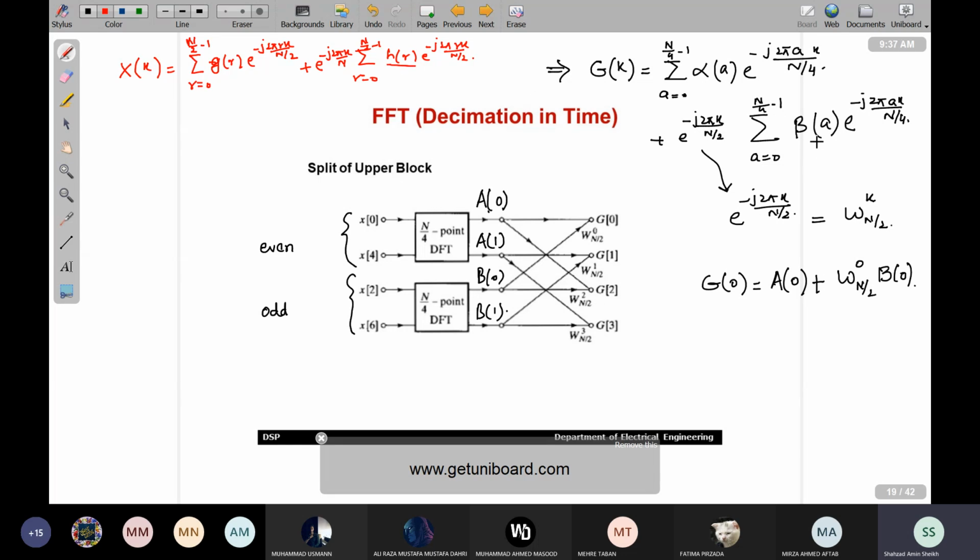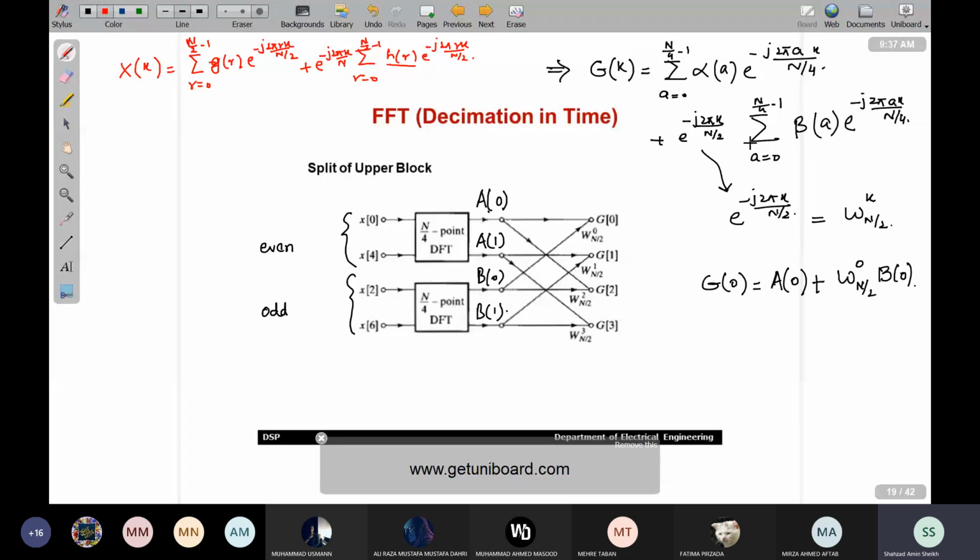Here I am using beta of a, exponential minus j 2 pi a k over n over 4. Here it was n over 2. So G of k's are actually two point DFTs of alpha of a and beta of a, and as a result of that, for G of 0 that would be A of 0, A of 1, B of 0, B of 1 forming from here.